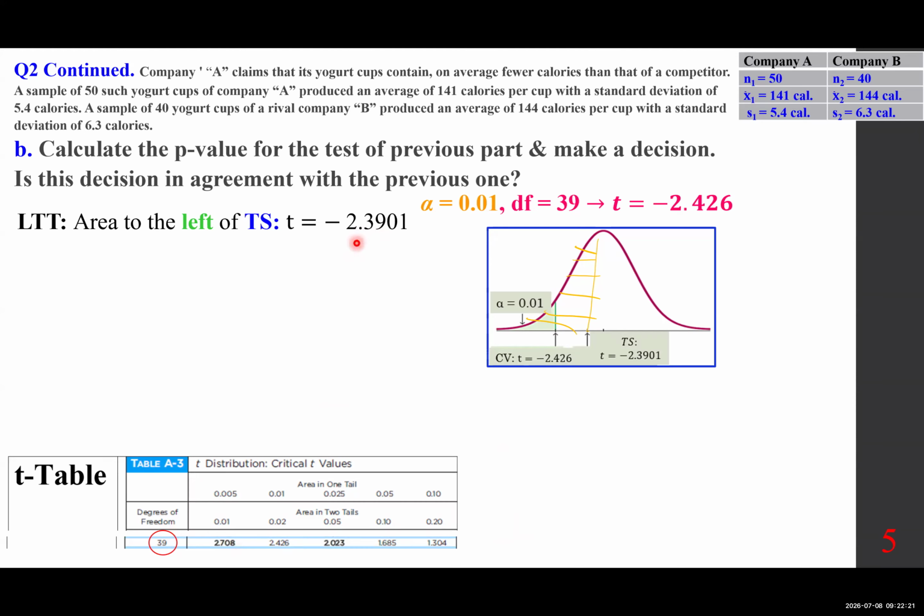But clearly the positive 2.3901 is between these two numbers. So the area is between these two, which is for a two-tail test. But it's a one-tail test. So the area is between 0.01 and 0.025.